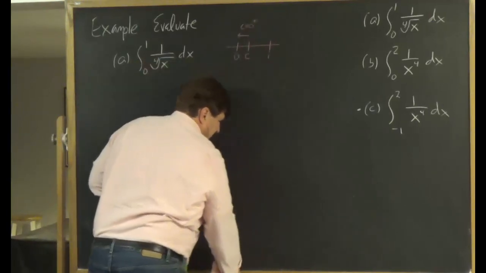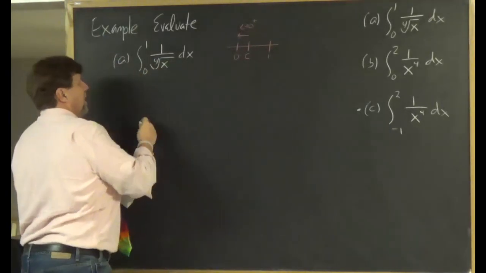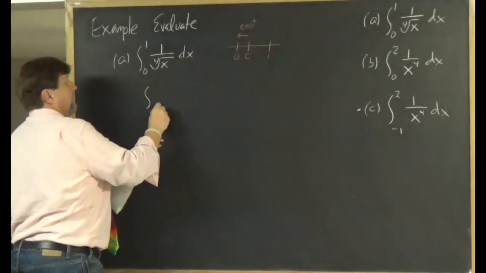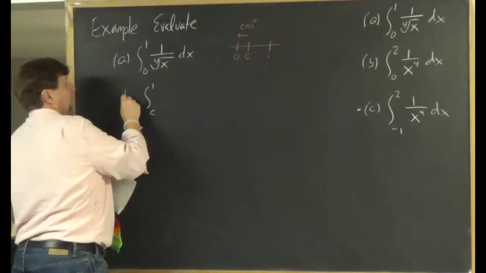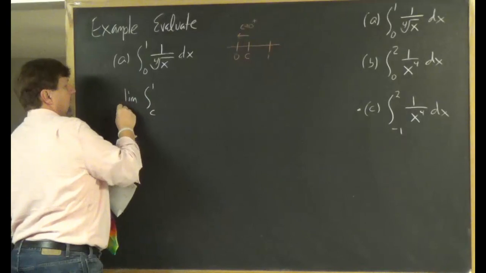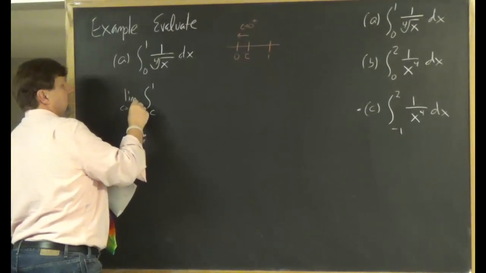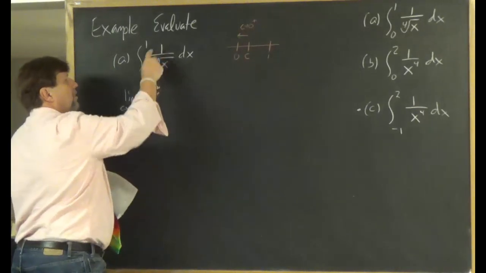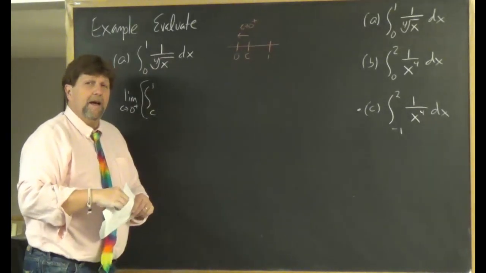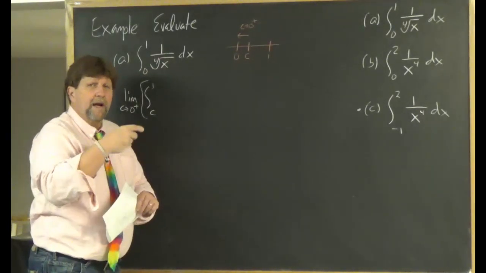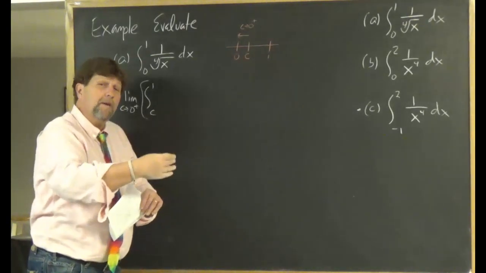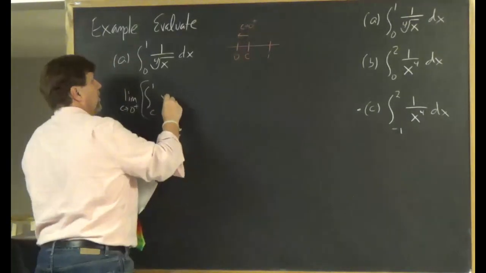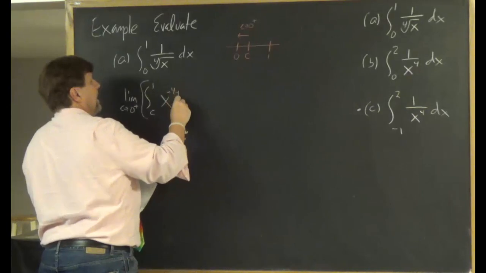And that tells me exactly how to rewrite this problem. I integrate from c to 1. Out front I put the limit as c approaches 0 from the right. What is it I'm integrating? Well, 1 over the 4th root of x, which I would rewrite as 1 over x to the 1/4, which is x to the negative 1/4.